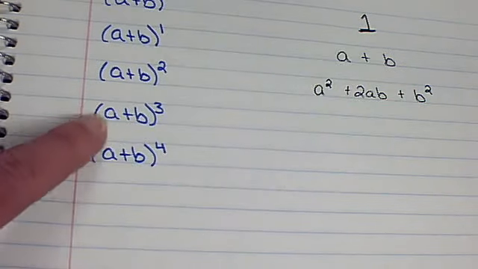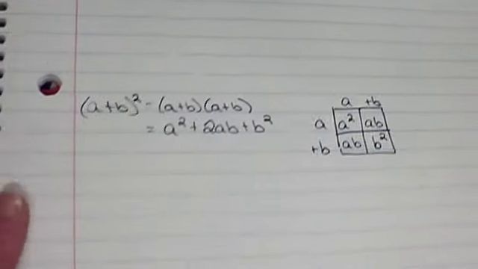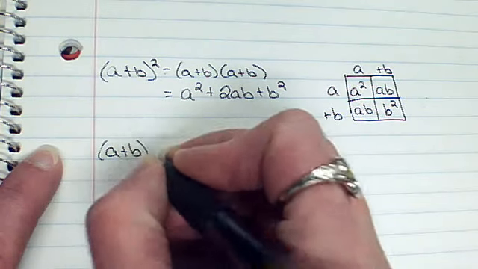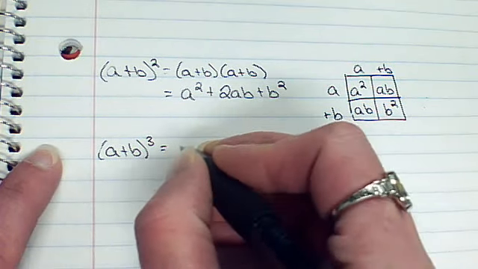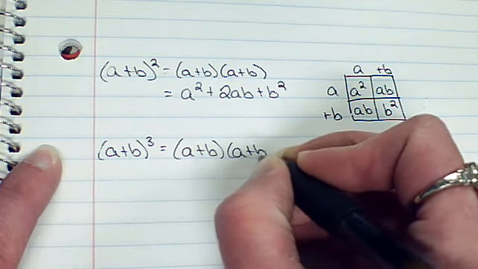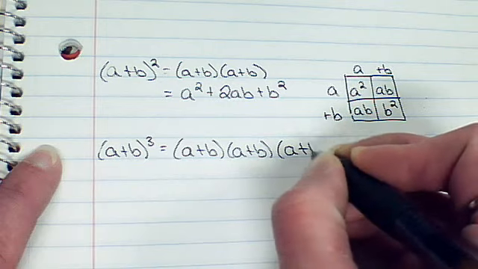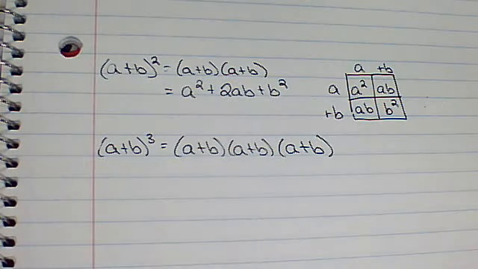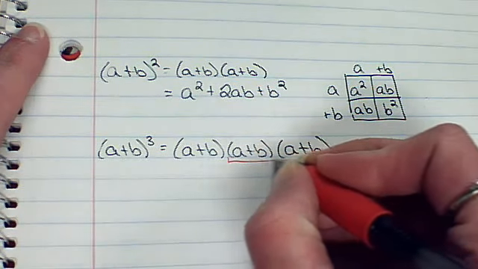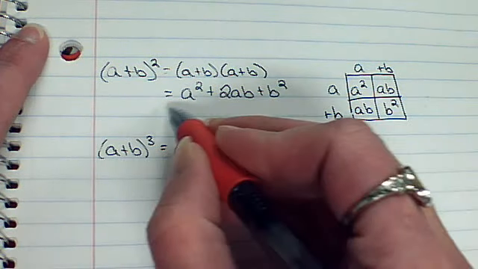Next one, a plus b cubed. So I'm going to come back down here for where I'm doing my work. A plus b cubed. Now that means I'm going to have a plus b times a plus b times a plus b. Well, what's really nice about doing it this way is that, hey gosh, didn't I just figure that part out?